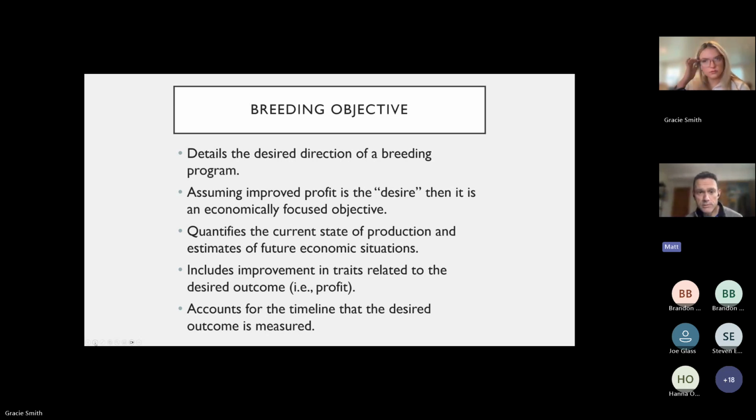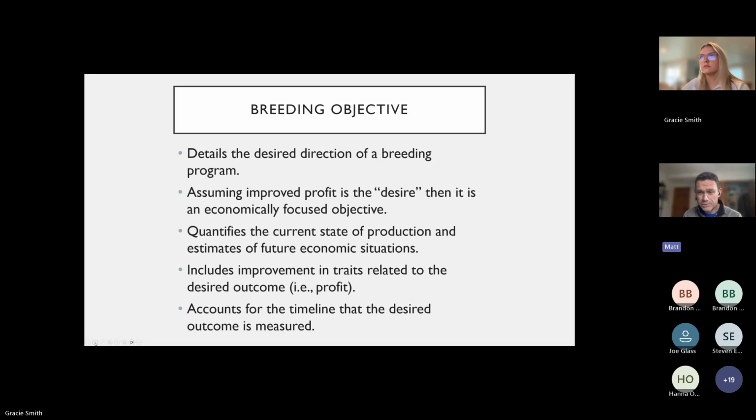A breeding objective really quantifies the current state of production and tries to estimate future economic situations. We'll go through that in more detail, but you think of current state of production as, well, what is current hot carcass weight? What are current levels of quality grade or IMF?